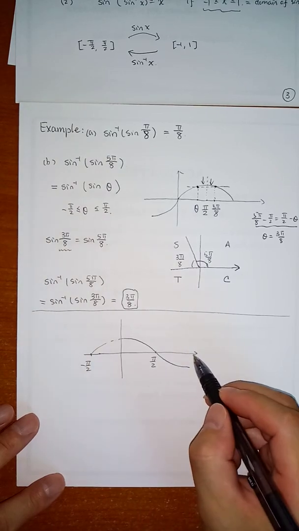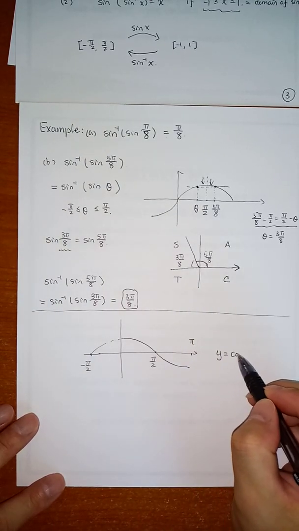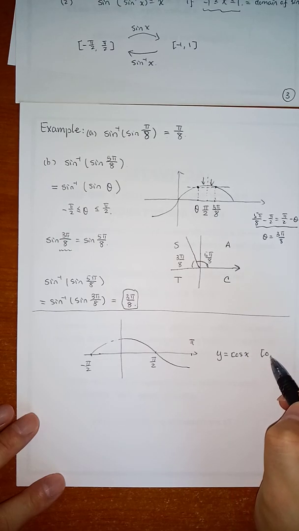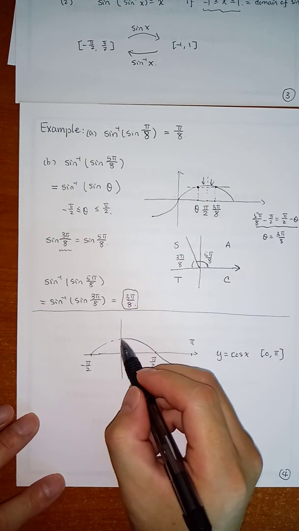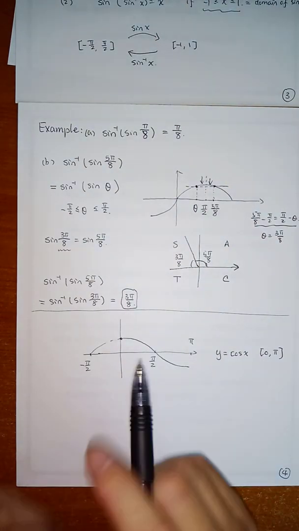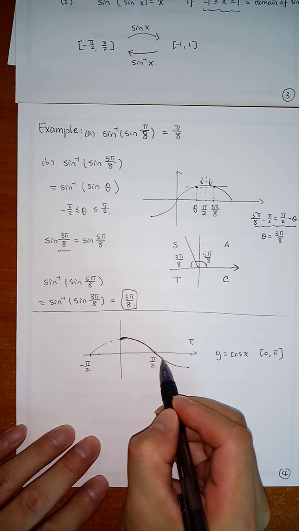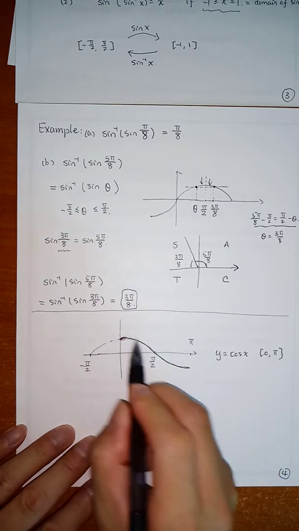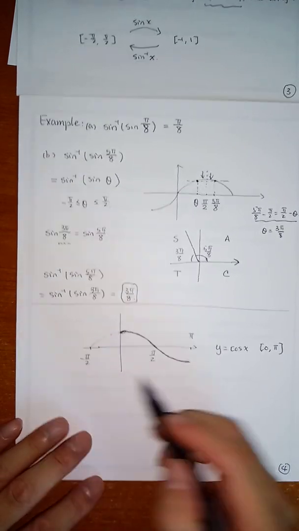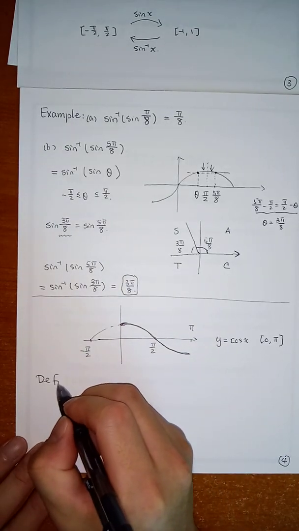In the cosine version, we're going to select the domain from 0 to pi. We select only this part from 0 to pi. It's a decreasing function part. This other part is not useful.